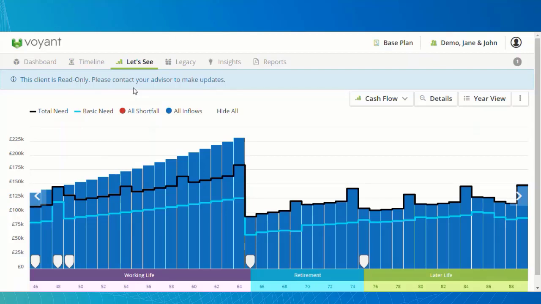The blue line is the basic need, which includes anything we've modelled as a high priority, such as essential spending, but it also includes taxes and national insurance. And if we had any life assurance premiums in the plan, it would also include those. Then we have the black line. The black line is the total need.